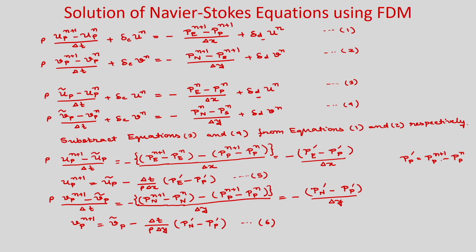So, the difference of pressure at n plus 1 and n, we are telling that this is known as pressure correction. So, in terms of p p prime we have written.